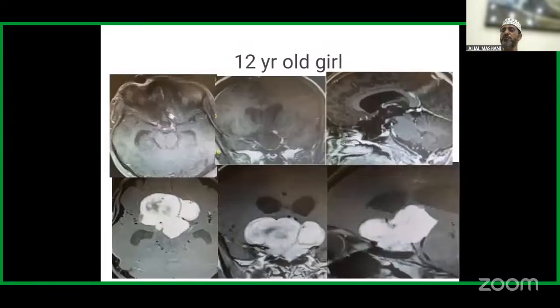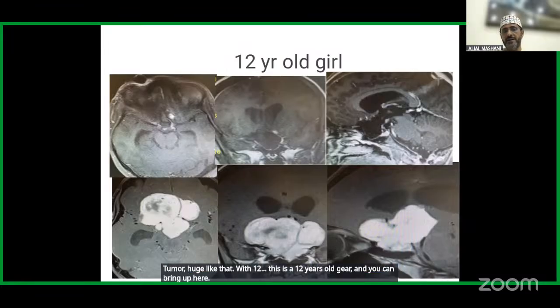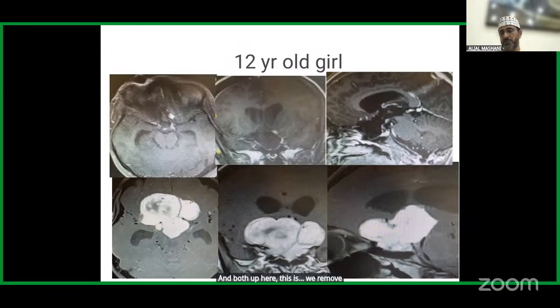We can remove a huge tumor like this with this approach. You can see this axial, coronal, and sagittal view, a huge tumor in a 12-year-old girl, pre-op here and post-op here. We removed the tumor totally in this patient.